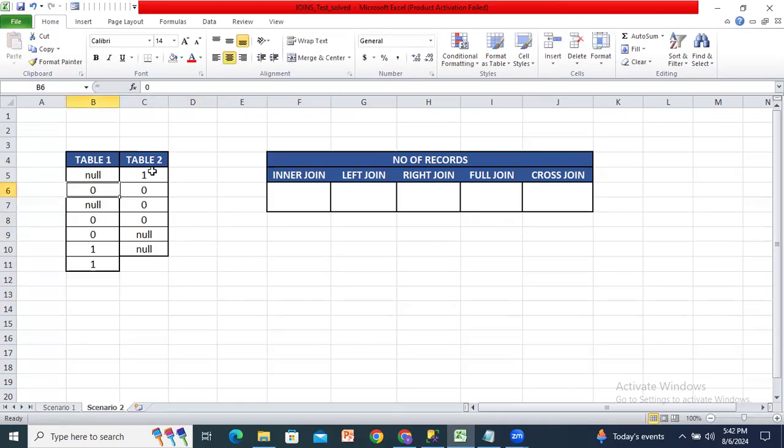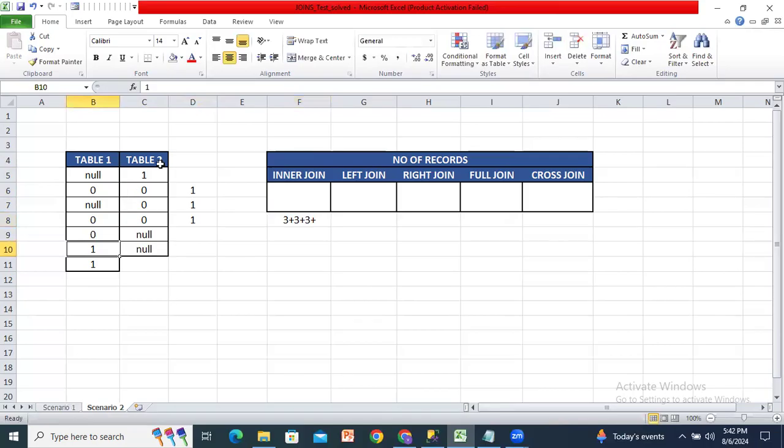So 0 is matching the first row, 1 not matching, 0 matching, 1 record, 0, 1 record, 0, 1 record. So 0 is matching 3 records. So let's add 3; null is not matching, right? 0 again 3, plus 0 again 3, plus 3.